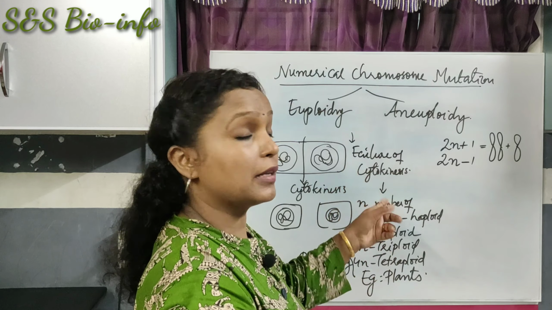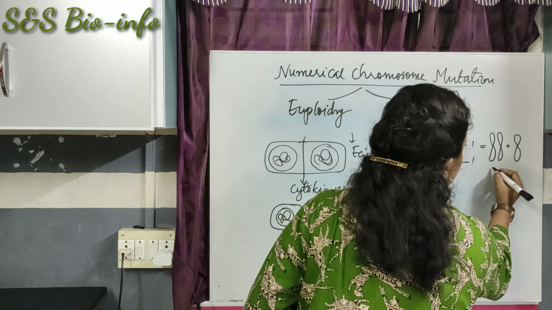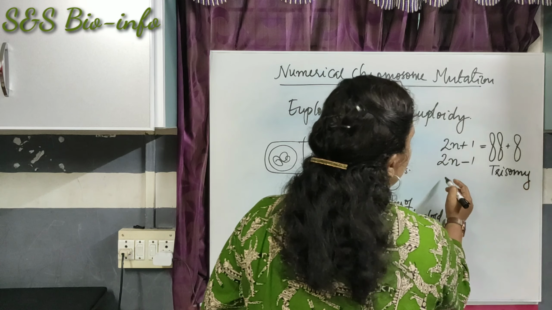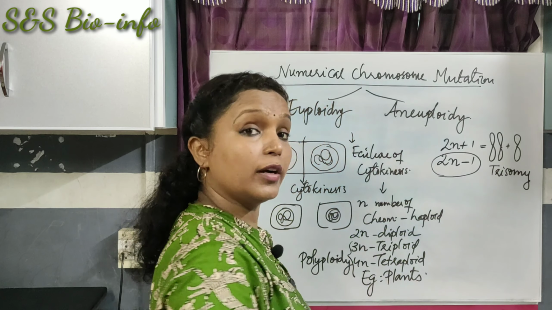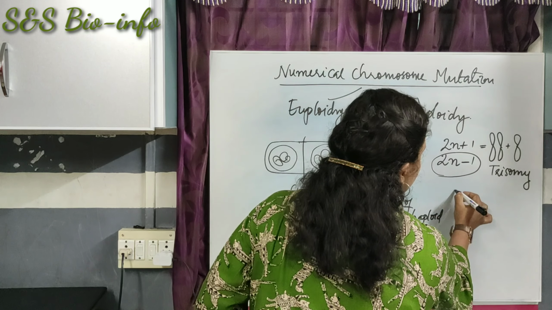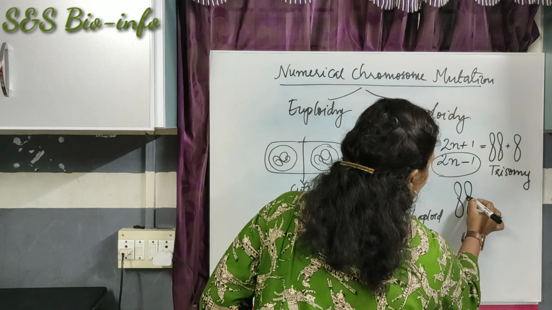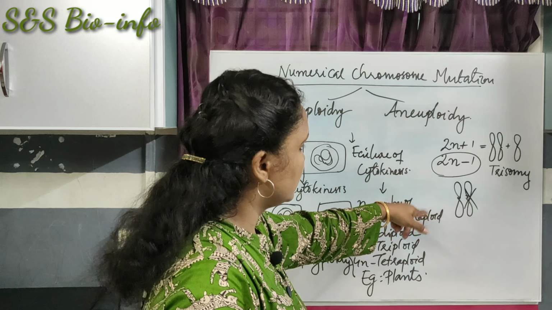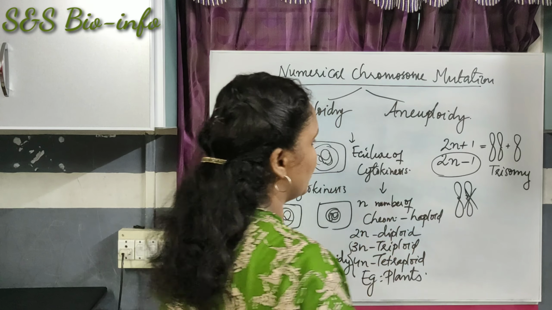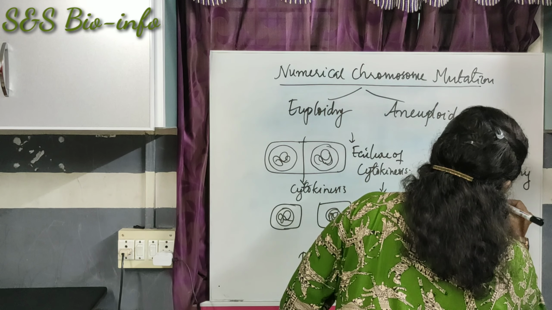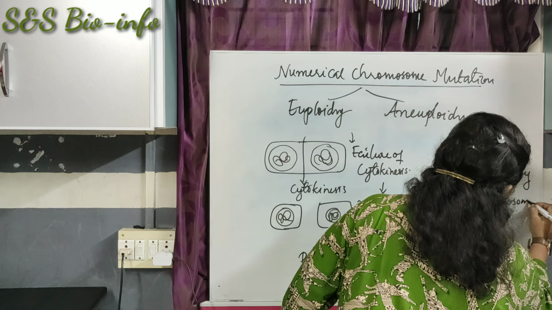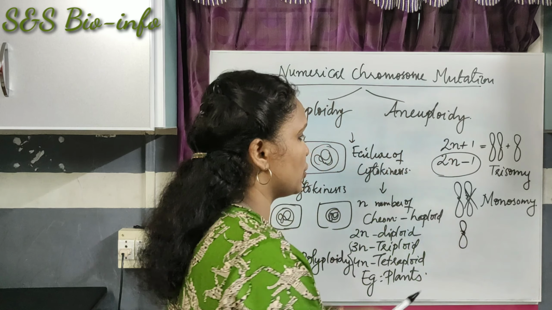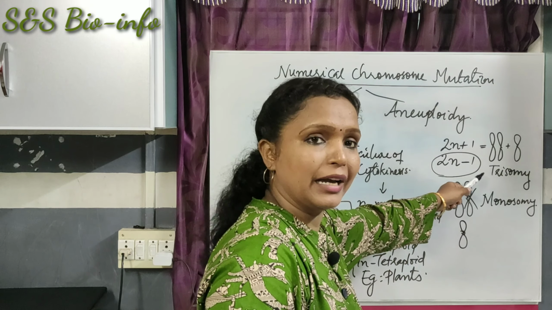That is 2n plus 1, and this condition is called trisomy. 2n minus 1 means, suppose this is a pair of chromosomes, and if one is absent, this is called monosomy. The result will be a single chromosome, that is 2n minus 1.